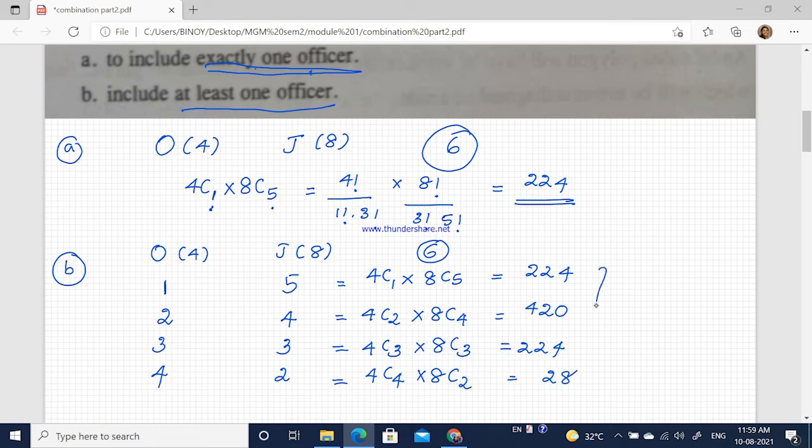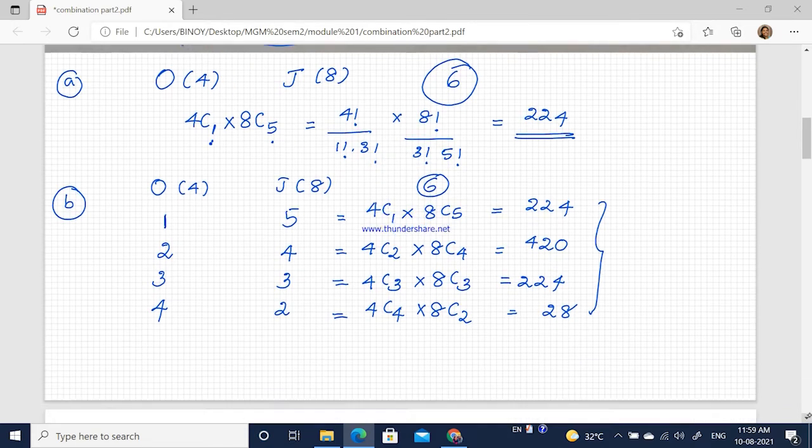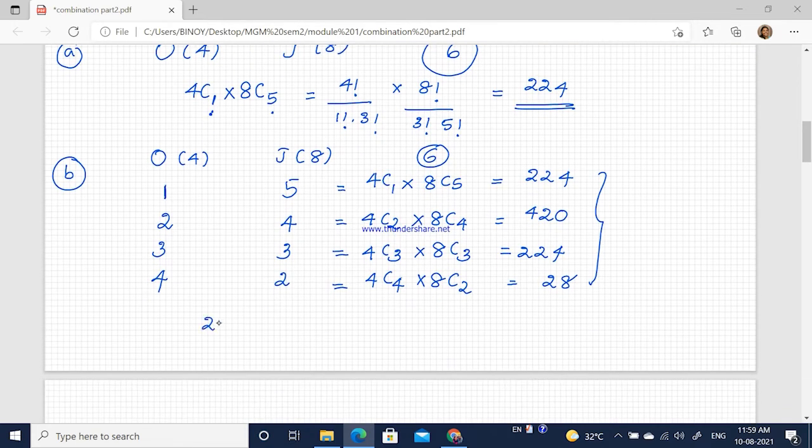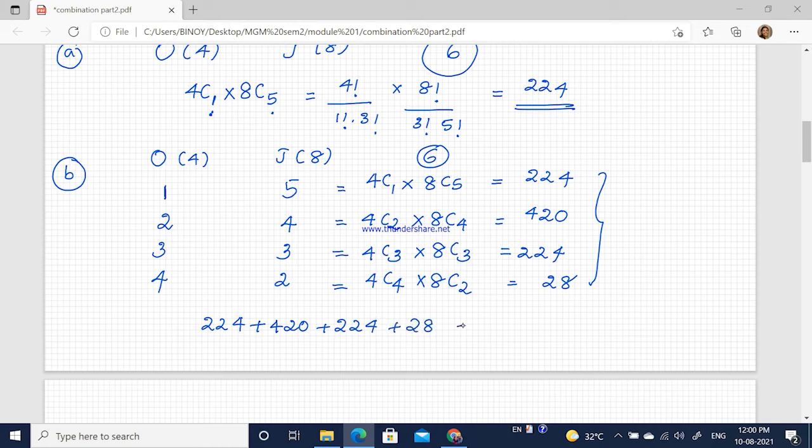So when you add all these, that is 224 plus 420 plus 224 plus 28, we will get 896 ways.